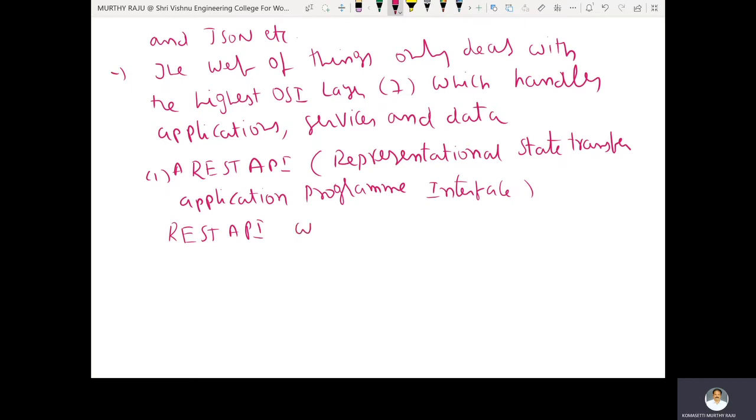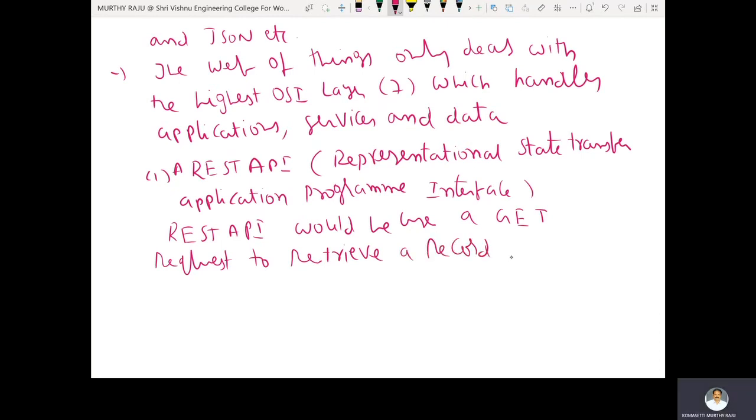Suppose you want to get the weather information, the request with the help of this GET command will retrieve the weather information with the help of a URL.